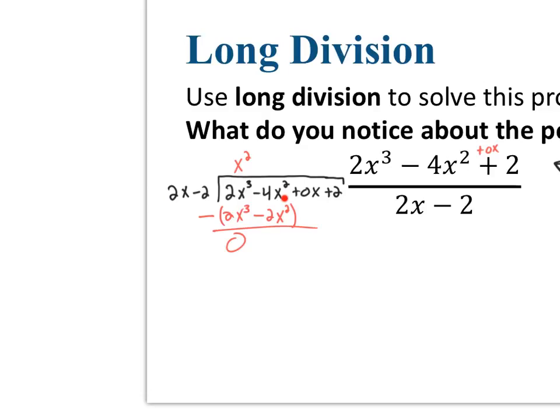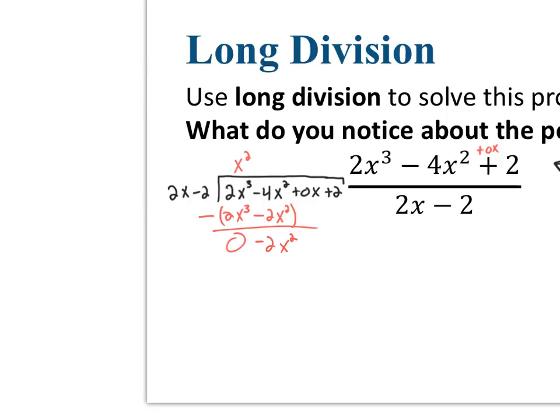Negative 4x squared minus a negative 2x. A double negative is kind of like a positive, so it's kind of like negative 4 plus 2. So this should be negative 2x squared. Take a minute, if you didn't get that, pause this video so you can really see what we're talking about here.